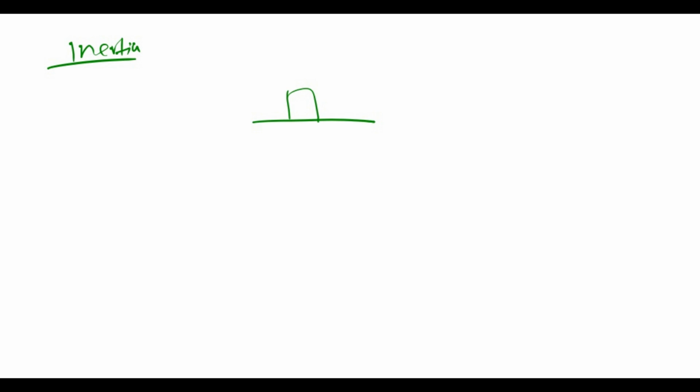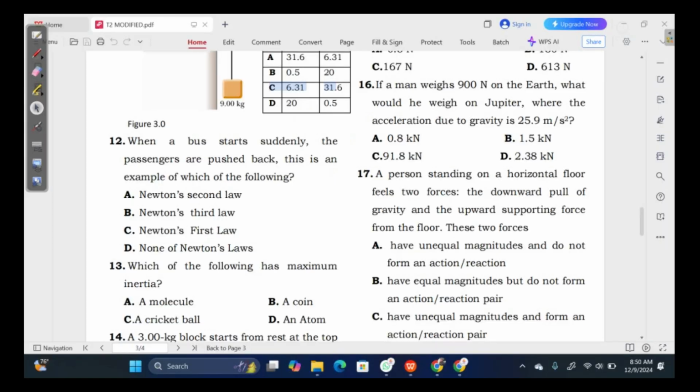When it's moving, it continues moving until an external force is applied on it. So when you apply the external force, you apply the brake, you go backward, in front, backward until you come back to your original position. So that is an example of Newton's first law of motion. So the correct answer is C.